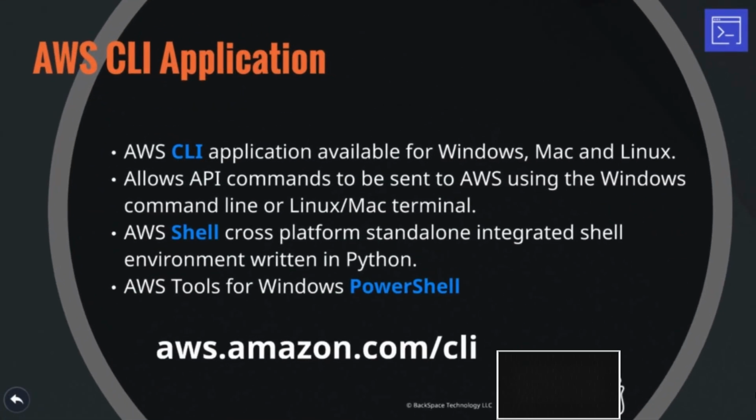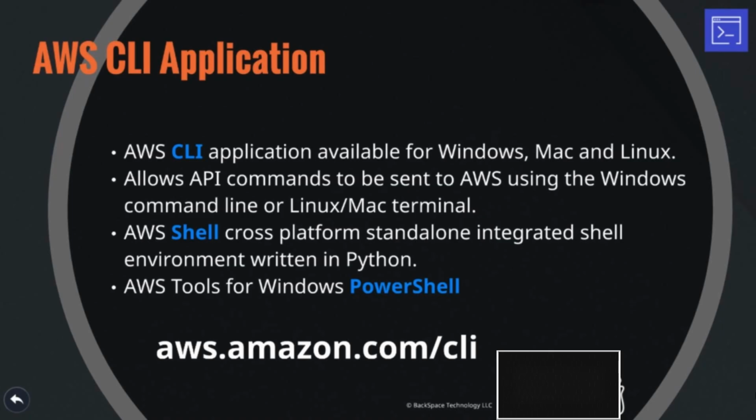Now, to start using the command line interface, the first thing that you need to do is have an application running on your computer that can allow that to happen. So the AWS standard CLI application is available for download for Windows, Mac, and Linux.